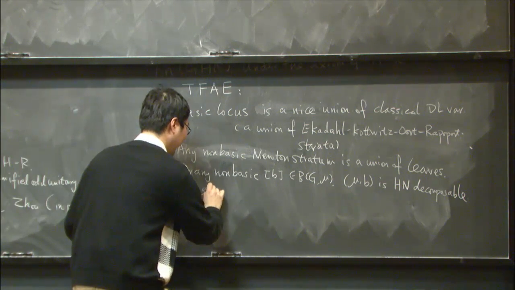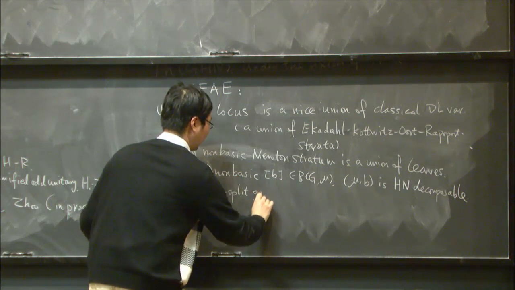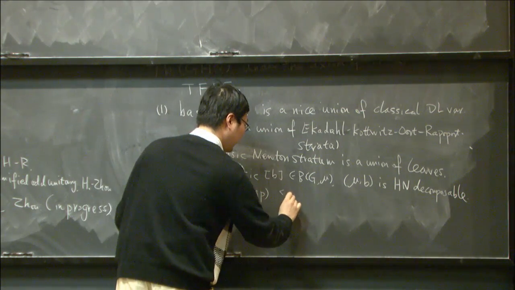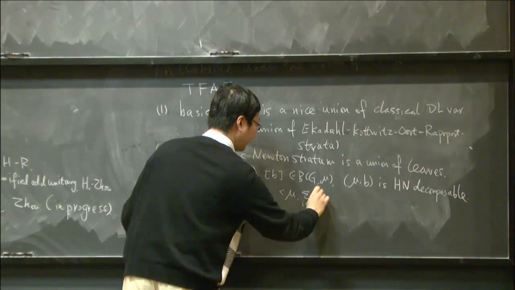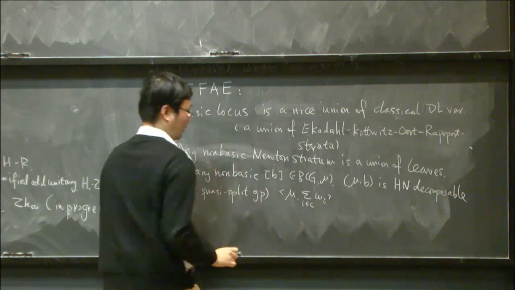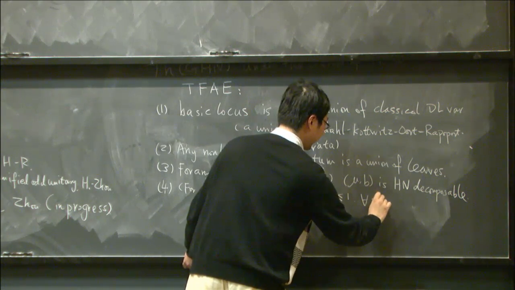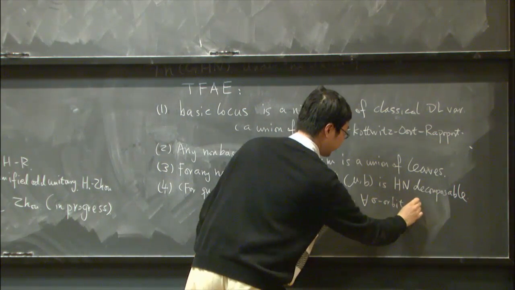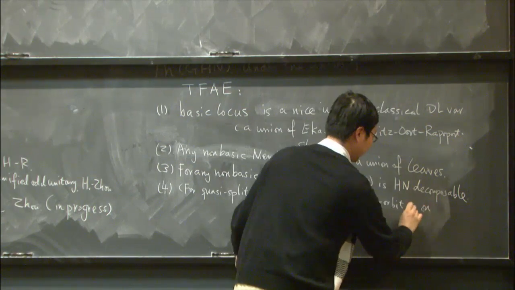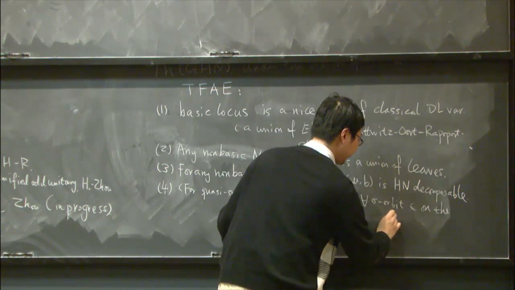For a quasi-split group, the condition is that the mu plus sum will be less than or equal to 1 for all sigma orbits C on the finite roots.